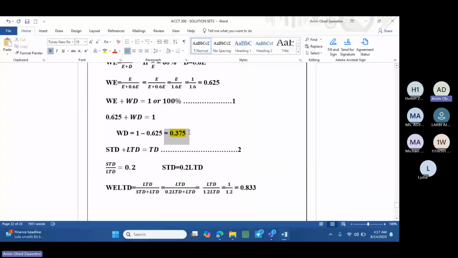So if this is the total, to find the actual distance, actual weight, then we have to multiply it by what? 0.375, so that we can get the actual weight.